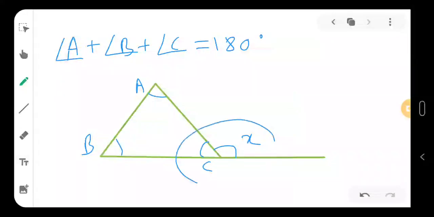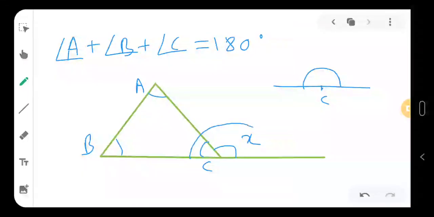Now if you look here, you can see that it's a straight line. From this portion to this portion it's a straight line, and C is a point between them. We know that for any point on a straight line the angle is 180 degrees. So this whole portion is nothing but 180 degrees.